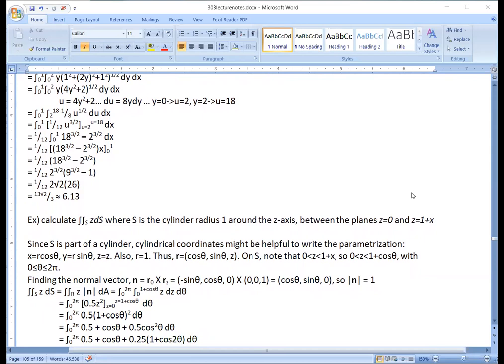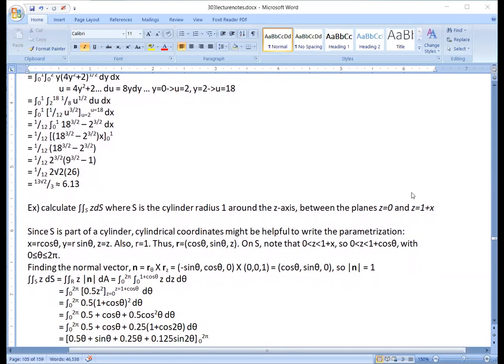And now we go ahead and do this integral d theta. The integral of half is just half theta. The integral of cos theta is just sine theta. Then, quickly distributing the quarter, the integral of a quarter times 1 is quarter theta. And then a quarter times cos 2 theta: when you integrate that, because of the substitution with the 2 theta, you get a 1/2 popping out.